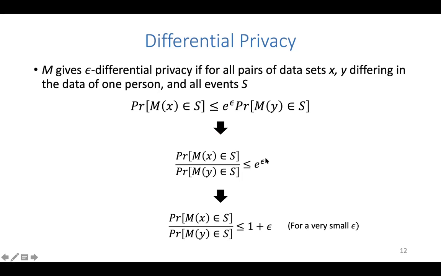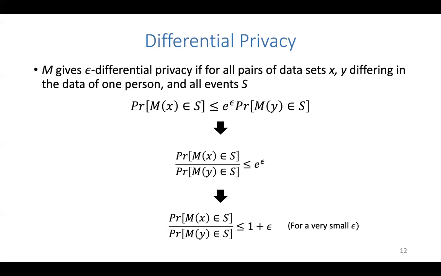And if epsilon is small enough, the exponential term can be approximated by 1 plus epsilon. This is a bit more clear. If epsilon is 0, then the ratio is the same. If epsilon is like 0.1, then the ratio between the two is bounded by about 1.1.